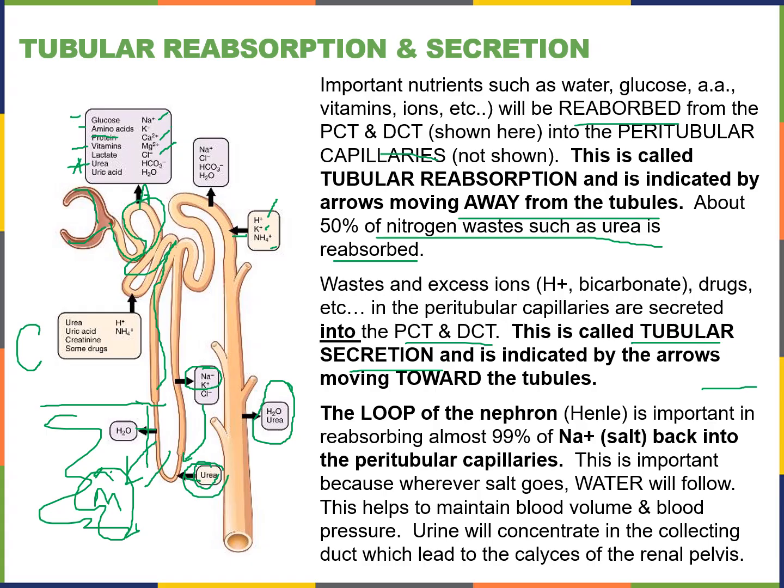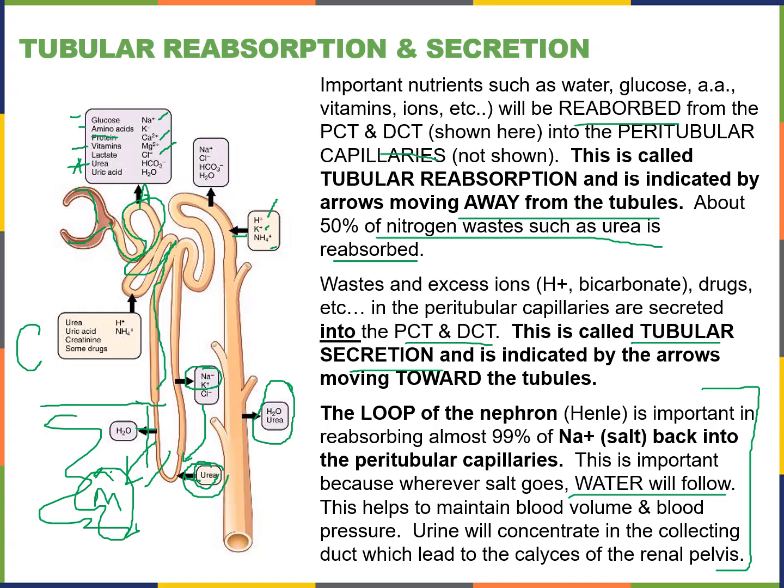And then a little bit about salt and the loop of the nephron, the loop of Henle, and the importance it plays. So water balance in the body is very important because water balance or water volume affects blood volume.